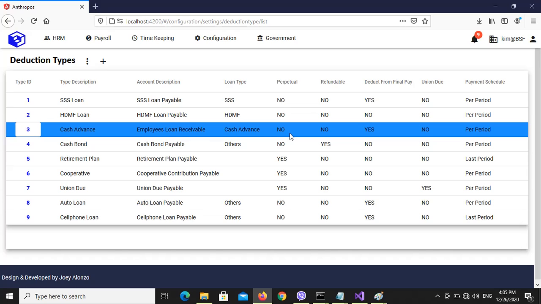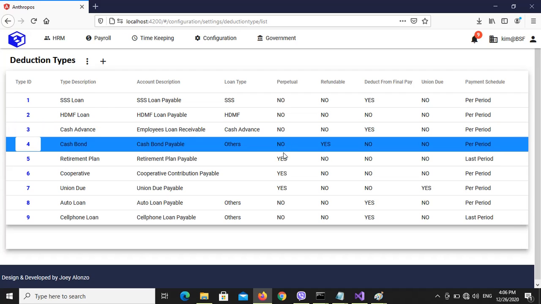Like for example, there is a cooperative in the company, and the employees are giving contribution, so they will not be maintaining balance, but at the time they will, let's say they will retire or leave the company, they can get their income or share from this cooperative. So that's what you call whether it is perpetual or not.